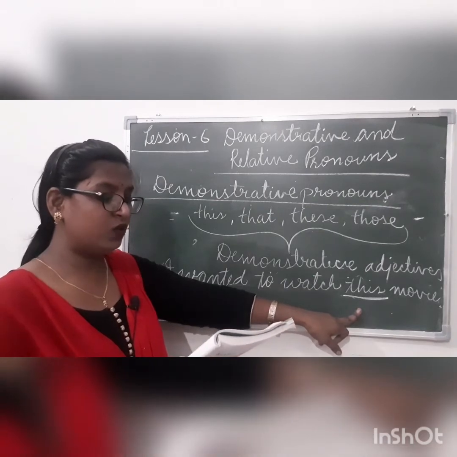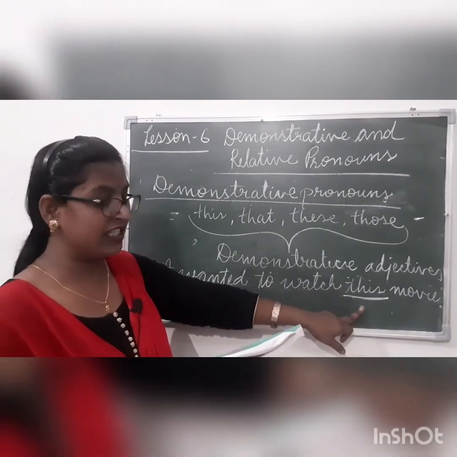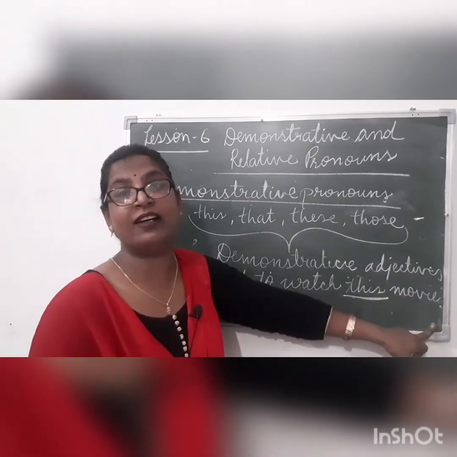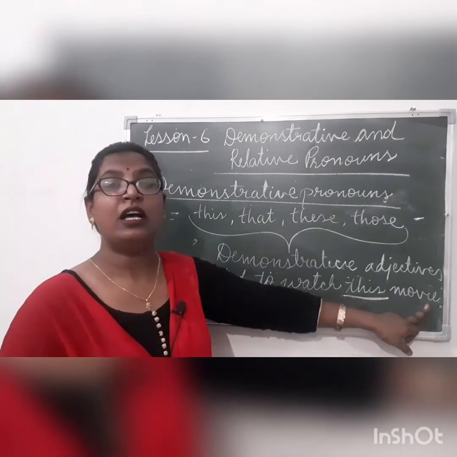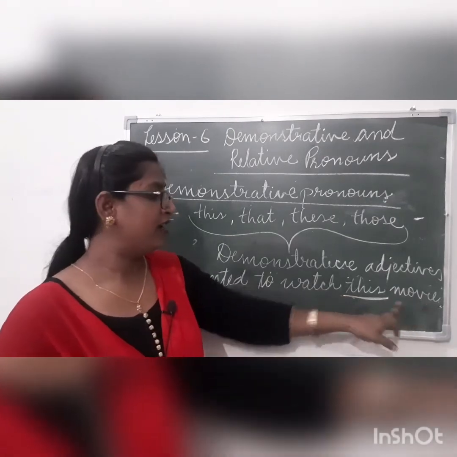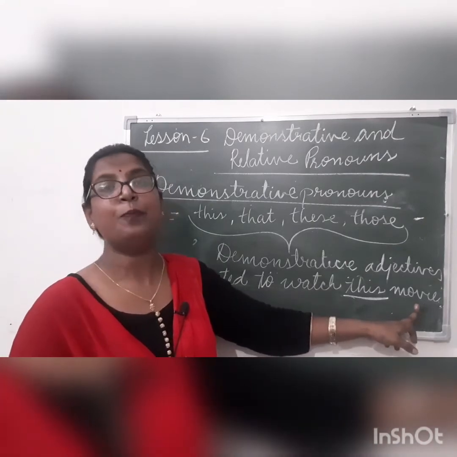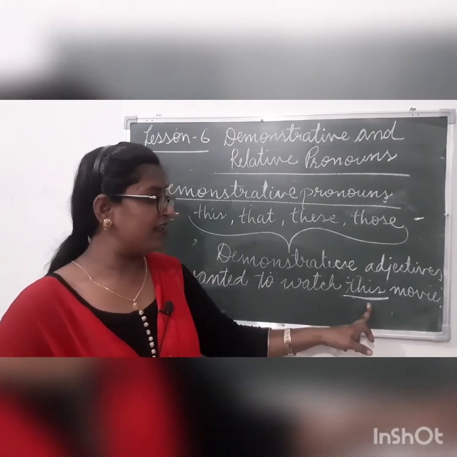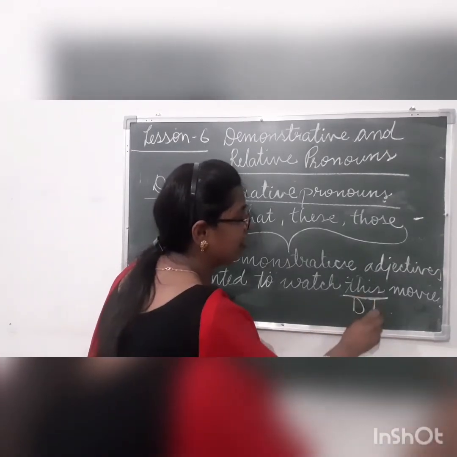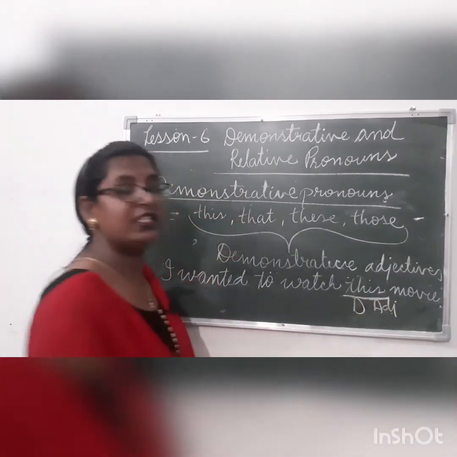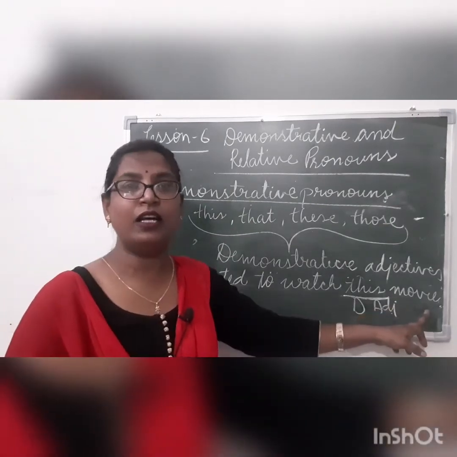Now this word is a demonstrative adjective when soon after this word comes a noun. Here, this movie, which movie? This movie. Here this word is qualifying the noun. So in this sentence the word this is a demonstrative adjective, because it is followed by a noun.